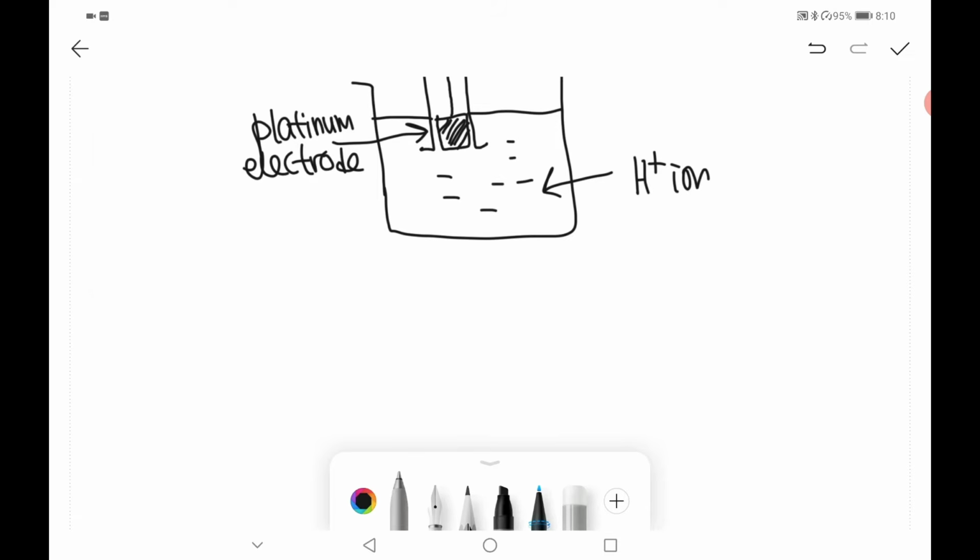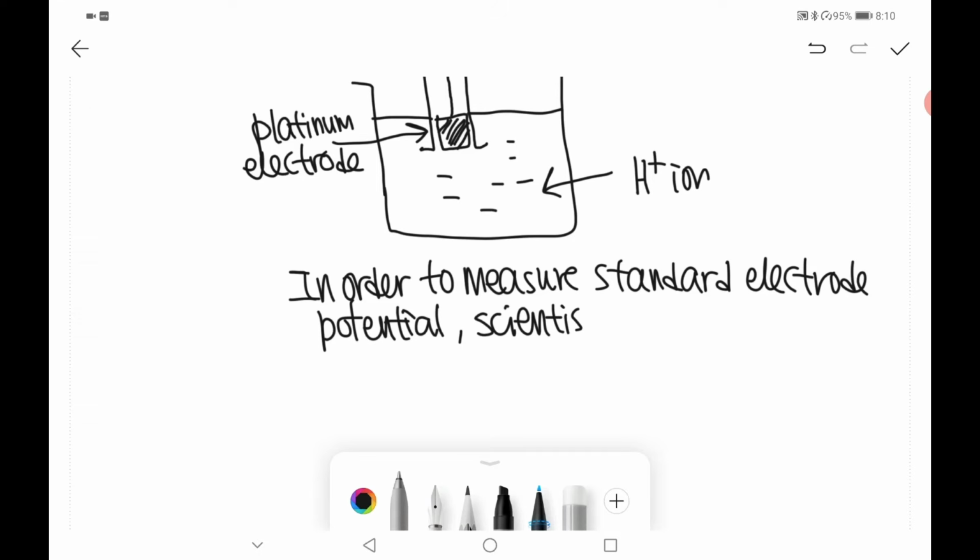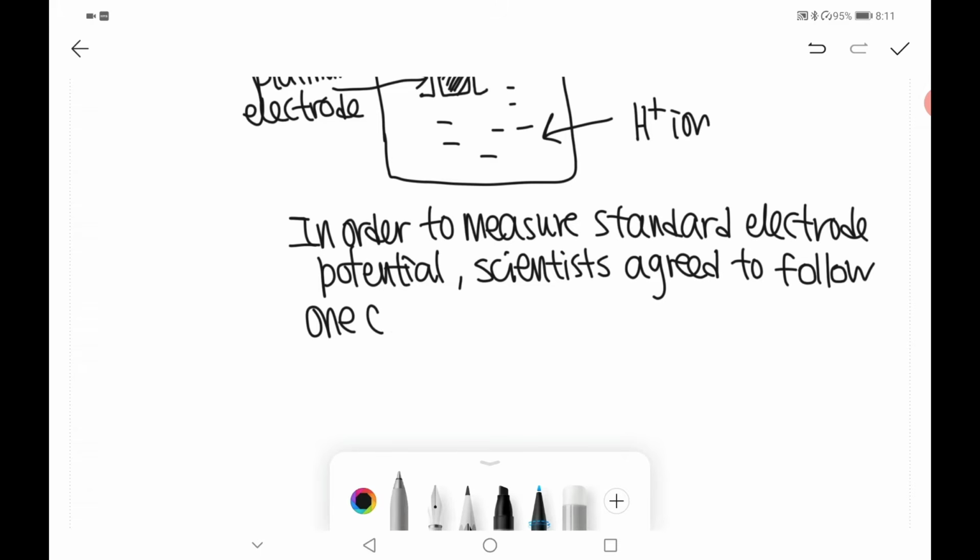So in order to measure the standard electrode potential, all the scientists agree to follow one common standard condition.